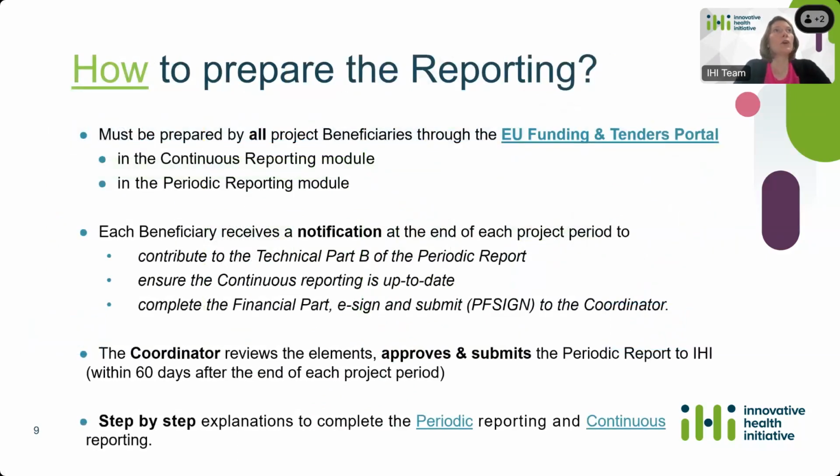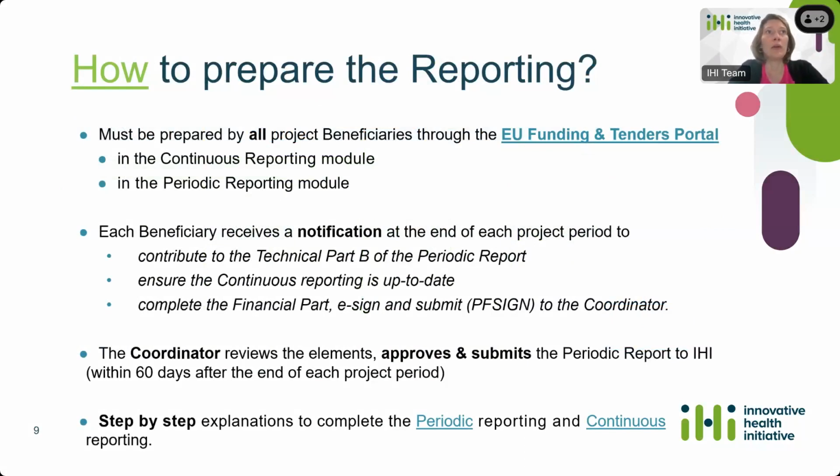So how to prepare this reporting? Basically, it needs to be prepared by all beneficiaries through the EU funding and tenders portal, in 2 different modules accessible via the portal. So there is the continuous reporting module and the periodic reporting module.